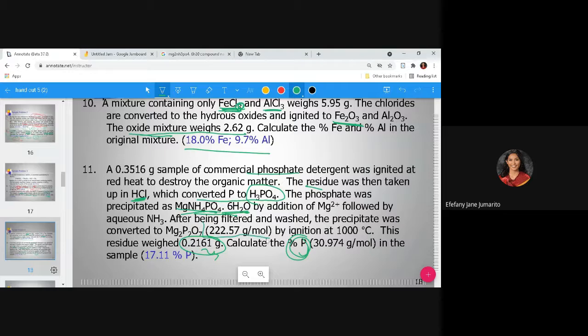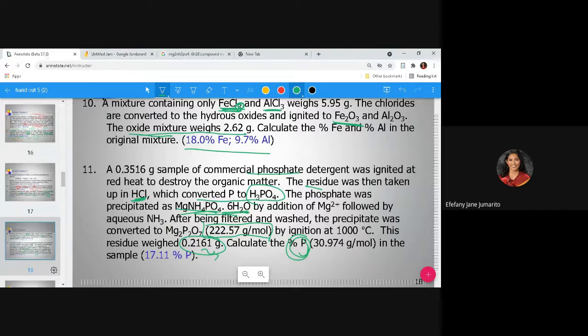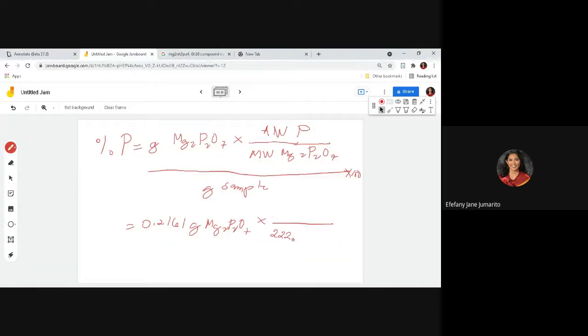It's 222.57 grams per mole of Mg2P2O7. Then you multiply that by 1 mole of Mg2P2O7.